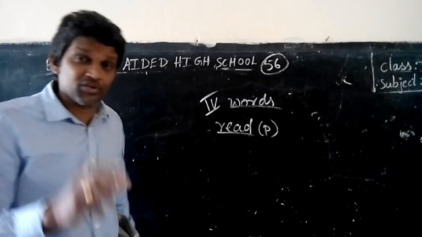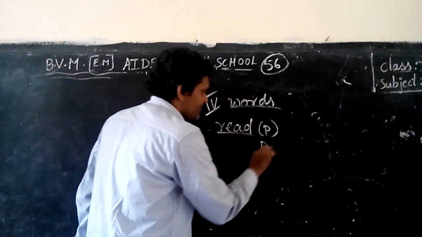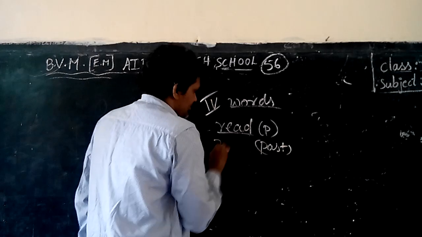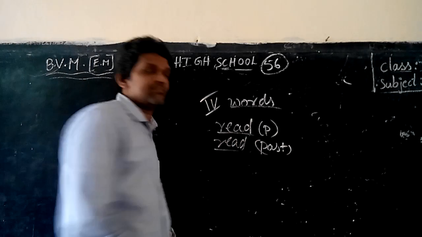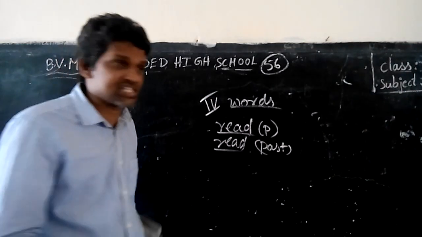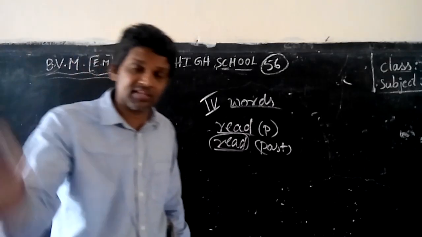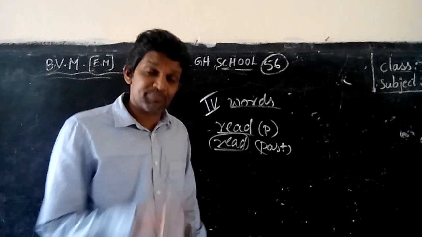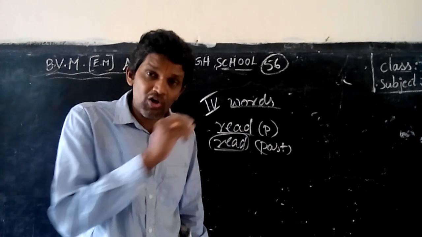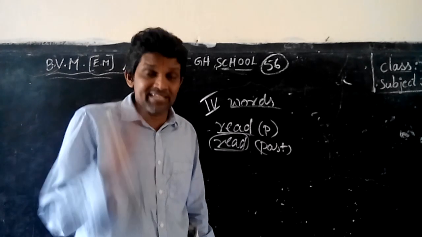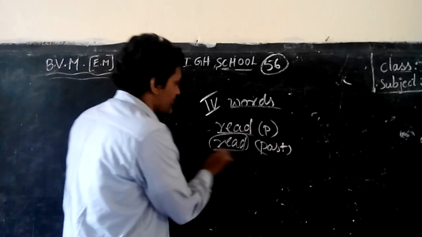But when you are using it in the past form, the spelling is same, but the pronunciation is different. So we read it as "red". I read that book, you read that book, like that. So spelling is same, but depending on the situation, tense, we change the pronunciation.